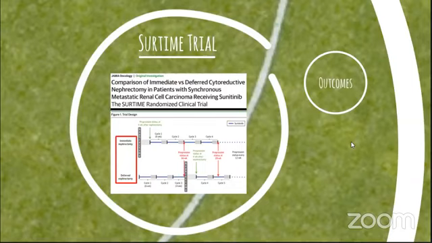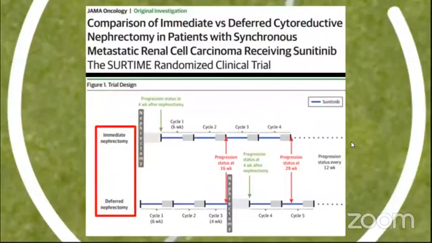Now the SURTIME trial, as you can see, is again a randomized prospective trial, designed to evaluate the significance of the sequence of cytoreductive nephrectomy and systemic therapy. It randomized 99 patients to either immediate cytoreductive nephrectomy followed by sunitinib, or sunitinib followed by deferred cytoreductive nephrectomy followed again by adjuvant sunitinib.